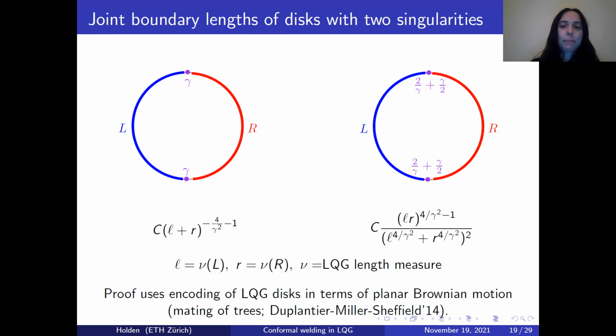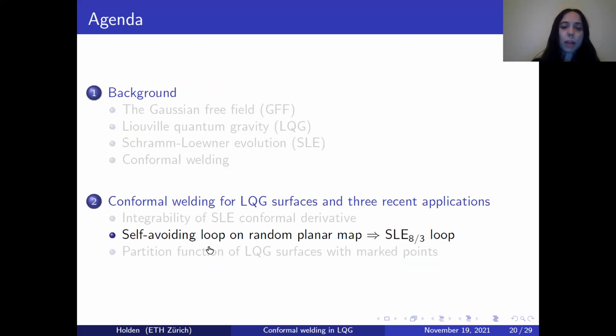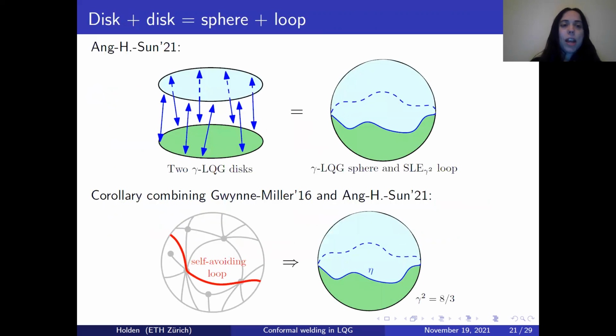Okay. So that's all I wanted to say about the integrability of this SLE conformal derivative. And next, I want to present another conformal welding result and also an application to random planar maps and the SLE loop. So in a work with Ang and Sun, we proved that if we take 2 Liouville quantum gravity disks, then the conformal welding of these 2 disks is well defined.